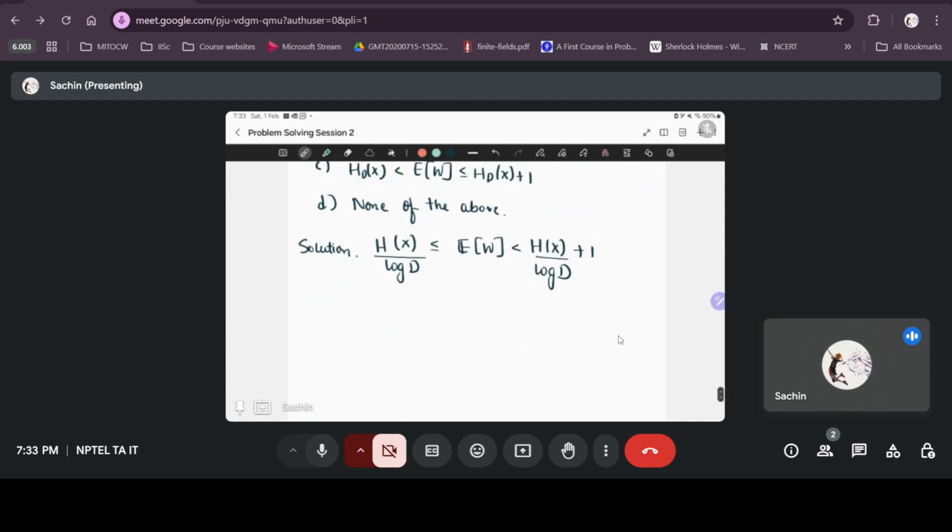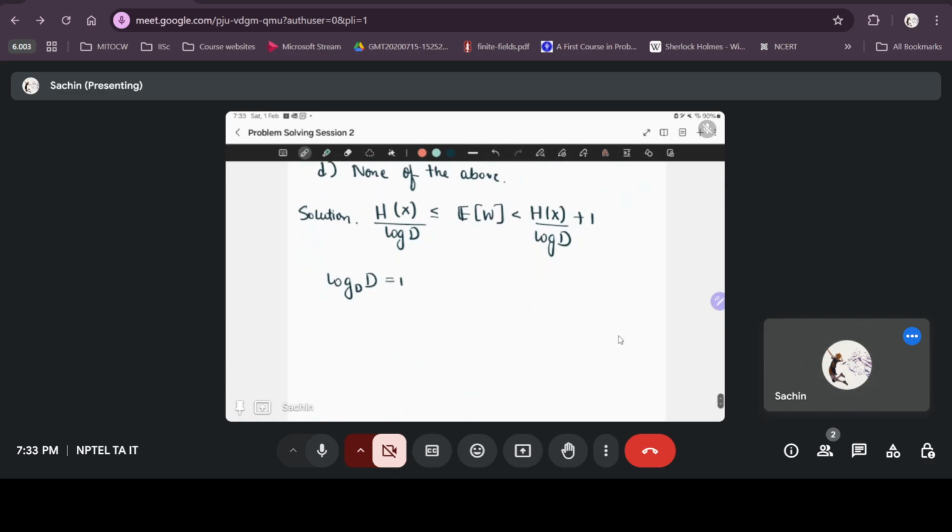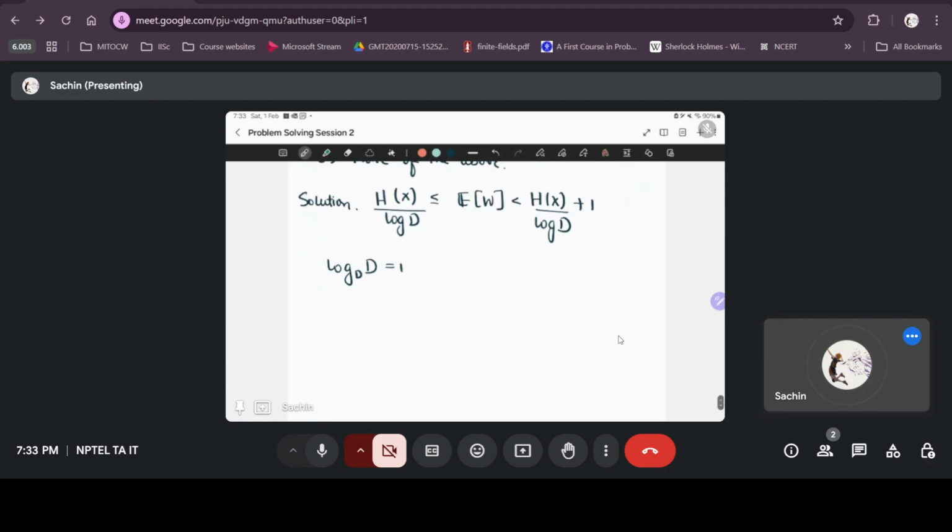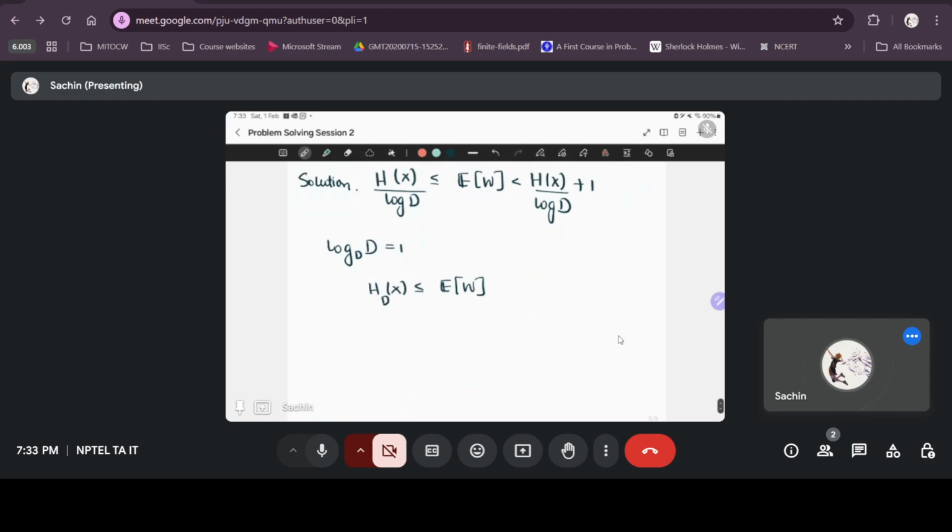So if we take the base to be equal to D, log D to base D is 1, then the expected value of W, which is the average code word length, would be greater than or equal to H_D(X). The lower bound can be matched, so you have an equality there. But the upper bound cannot be matched. It's a strict inequality, which is H_D(X) plus 1. So the right answer is option B.